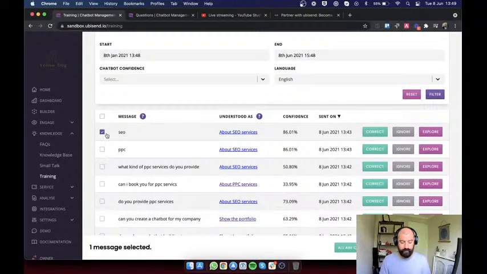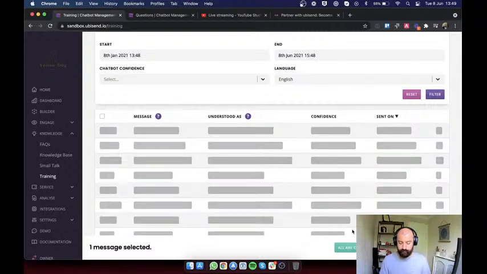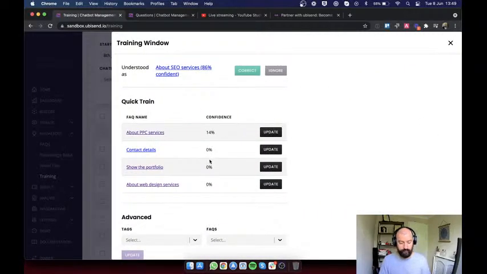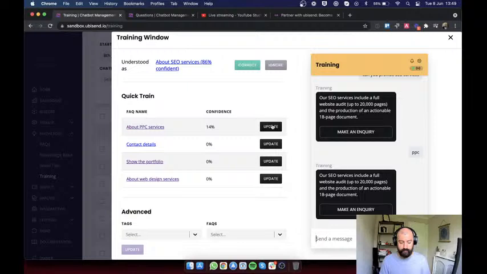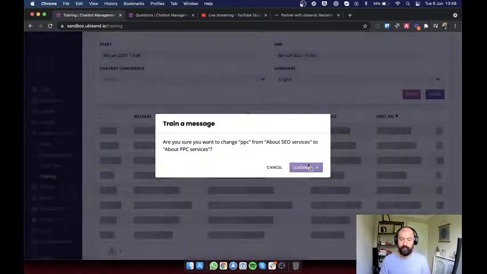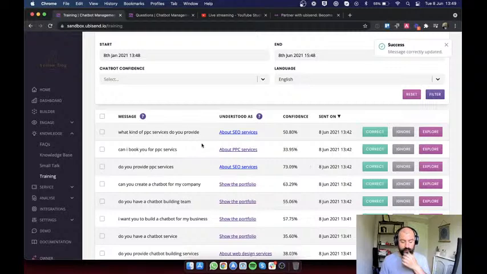That's perfect. It's 86% correct on this, so that's good. I can train that. PPC, it picked this up as SEO services, not good at all, so I'm going to change that to PPC, which is very surprising because they're at 86%, that's really high. So that's why it's worth training early on, because that's the kind of stuff you can pick up really early on and completely avoid issues.